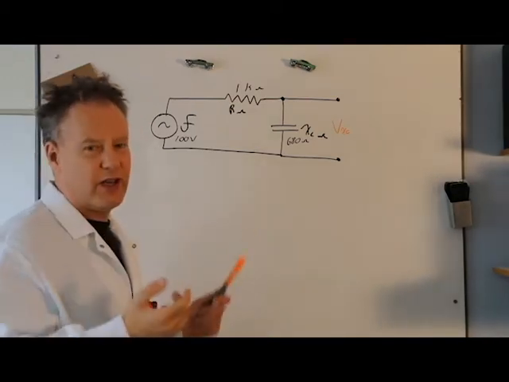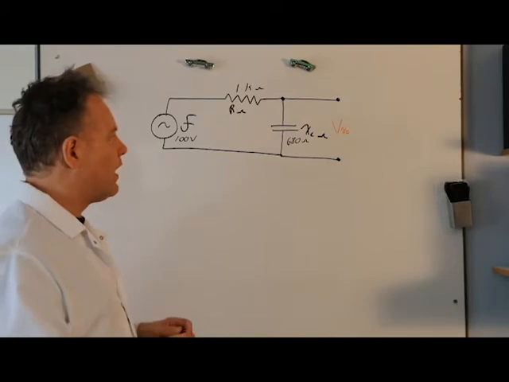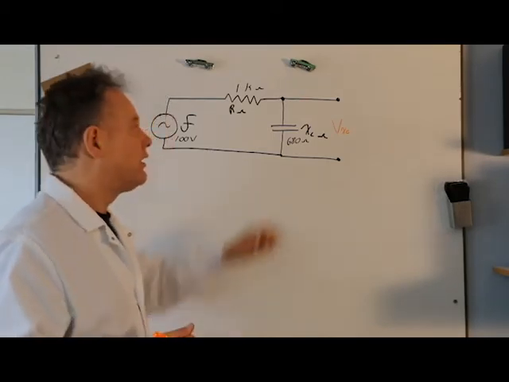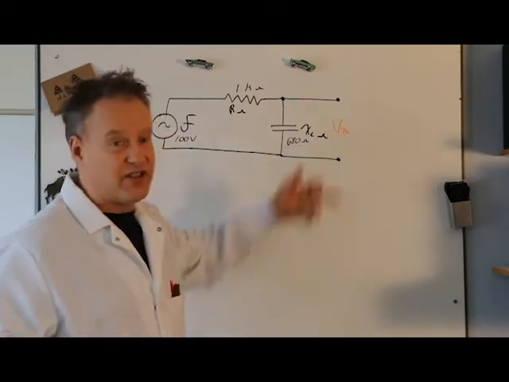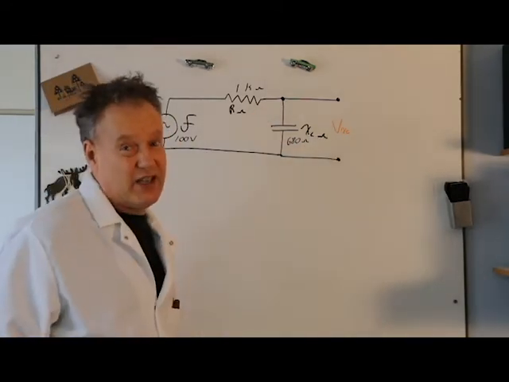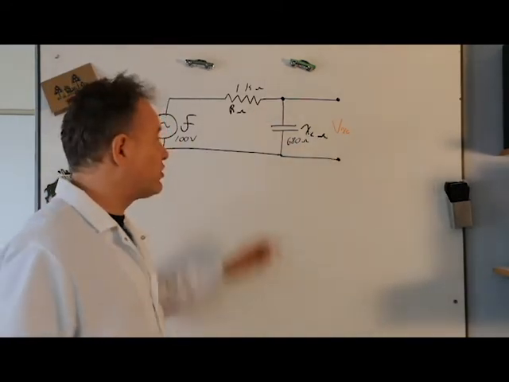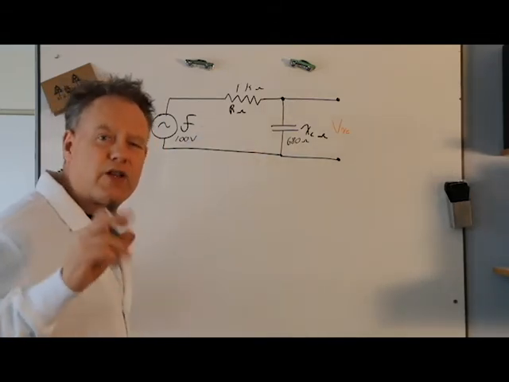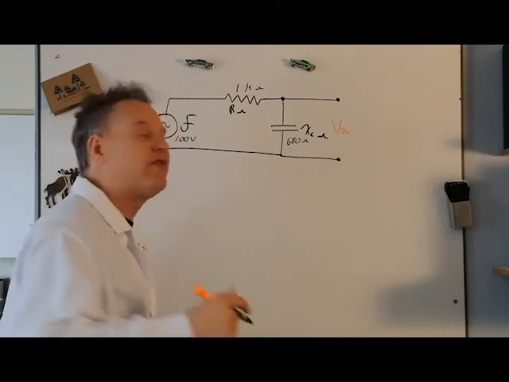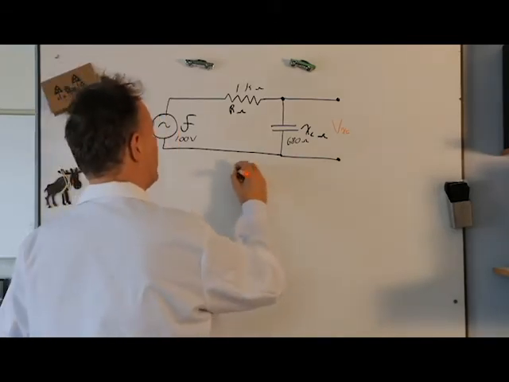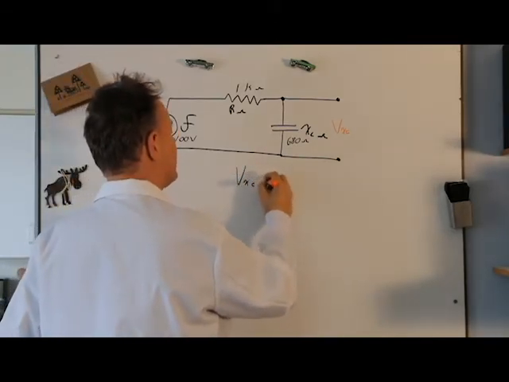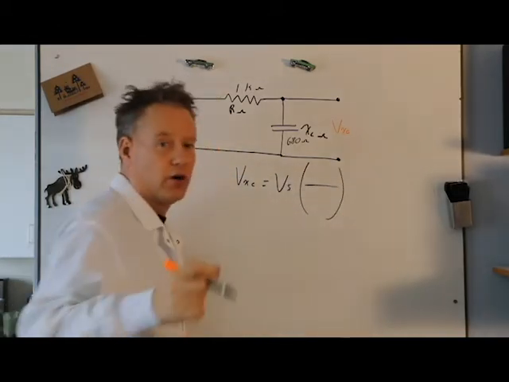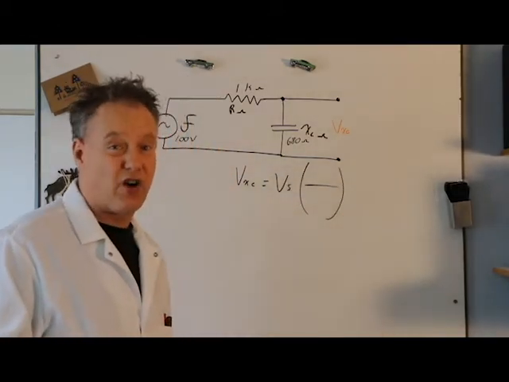So let's see if we can apply this to something. Can we use the voltage divider rule here? Yeah, we can. Let's just call this VXC, because it actually is VXC. If we wanted to know the voltage drop across this guy, we could use the voltage divider for this. But watch what happens here. It's something a little bit funky. Ready? Here we go. So we know that VXC equals V source times some ratio, right? Because that's what voltage dividers are all about.